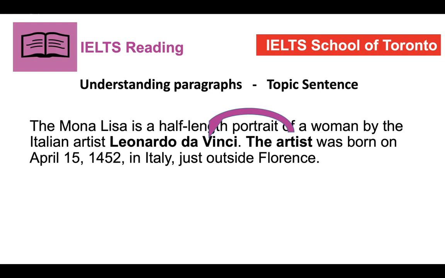The subject will help you a lot. You do the same thing with the second sentence. You read it, you ask yourself, what's the focus here? If you have the same focus in sentence 1 and sentence 2, you don't need to go any further. That's the main idea. If the focus changes in sentence 2, in that case, you do need to read the third sentence to understand what this paragraph is about.